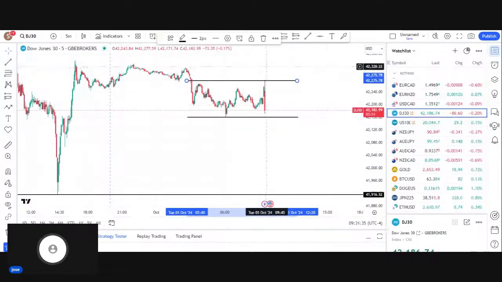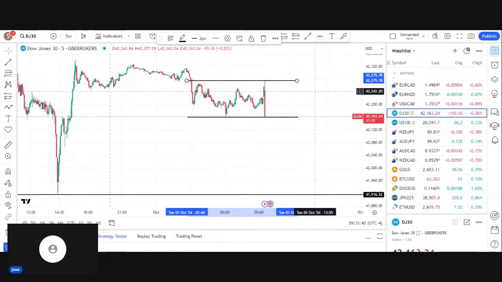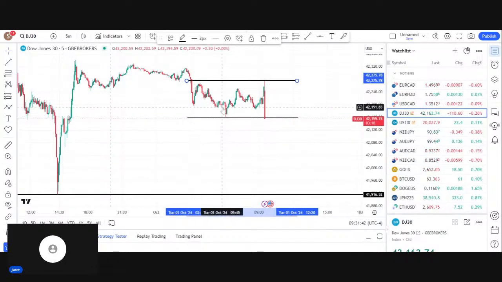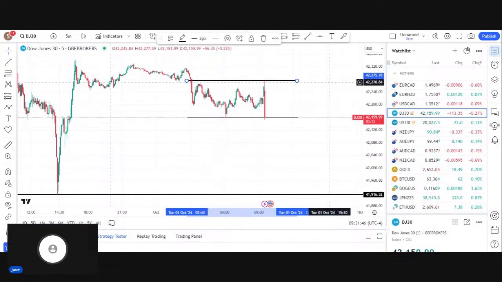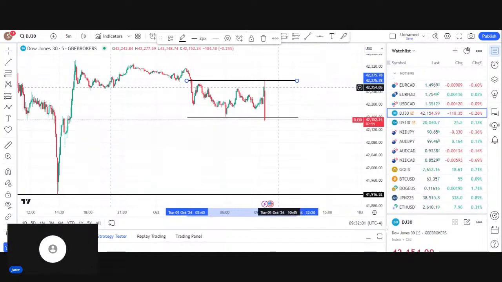If it closes above, you can go up. I like to play around with situations like that because this is our entry criteria. But we just can't trade like this. We have to add in more confluences so that we can have more confidence in the trades that we take.